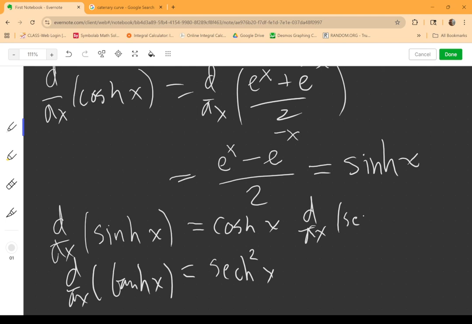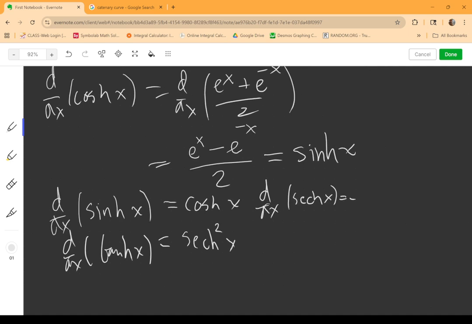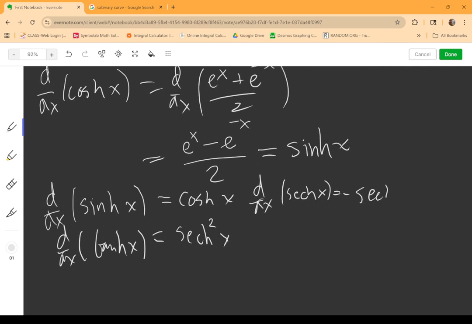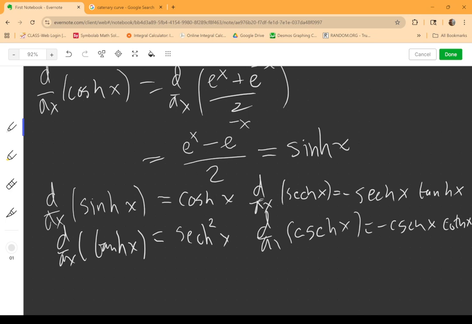The derivative of hyperbolic secant of x is negative hyperbolic secant of x times hyperbolic tangent of x. The derivative of hyperbolic cosecant of x is negative hyperbolic cosecant of x times hyperbolic cotangent of x.